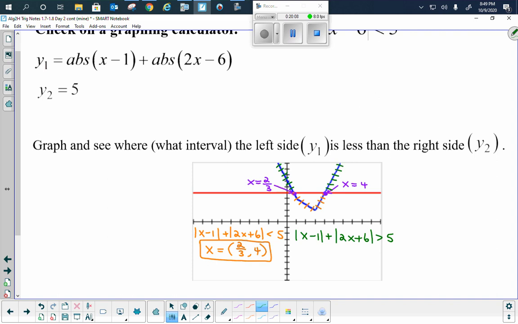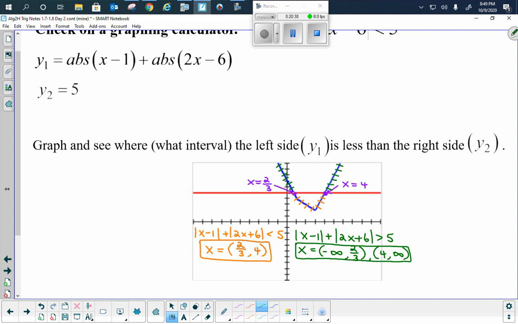Again, you would have to know those intersection points of 2/3 and 4. And then it's going to take two intervals: x from negative infinity to 2/3, and again from 4 to infinity. There's your interval.